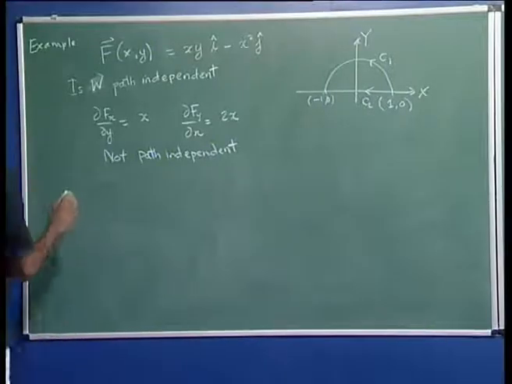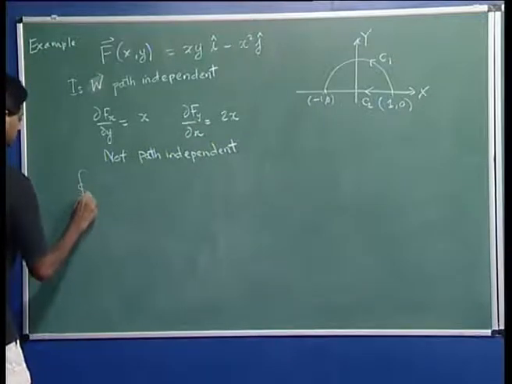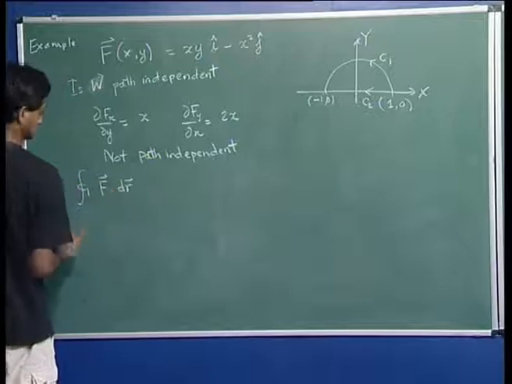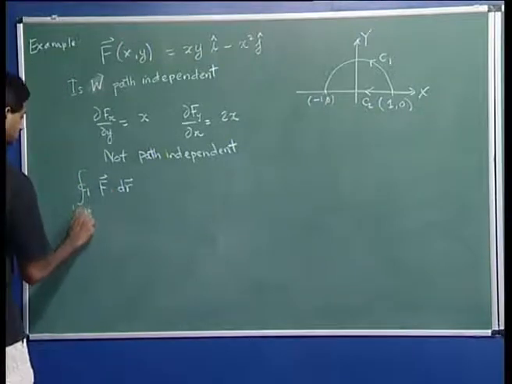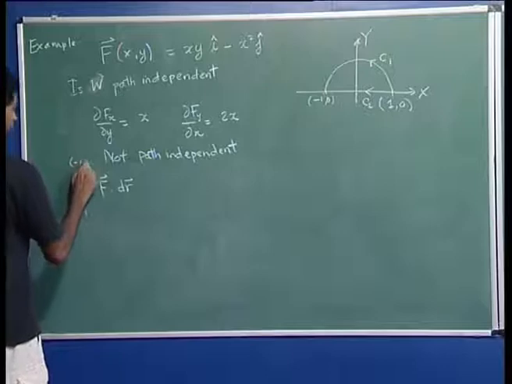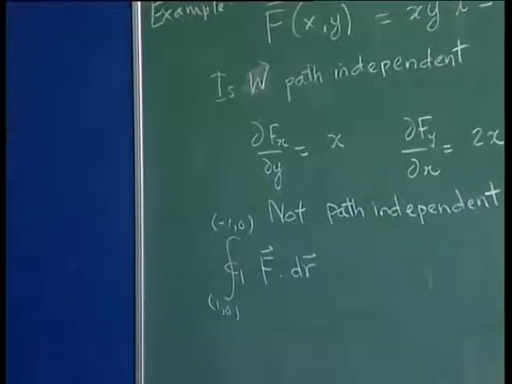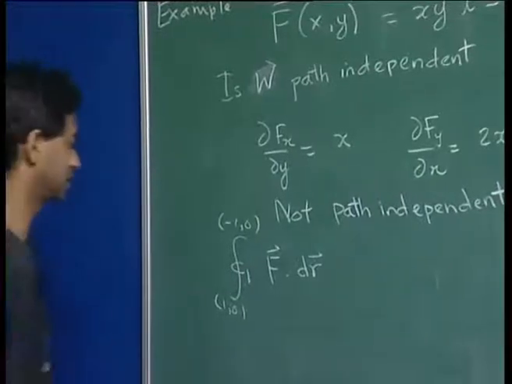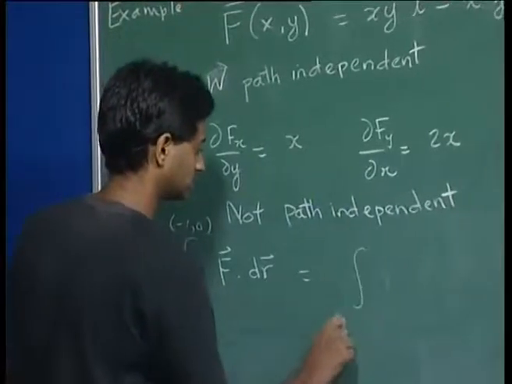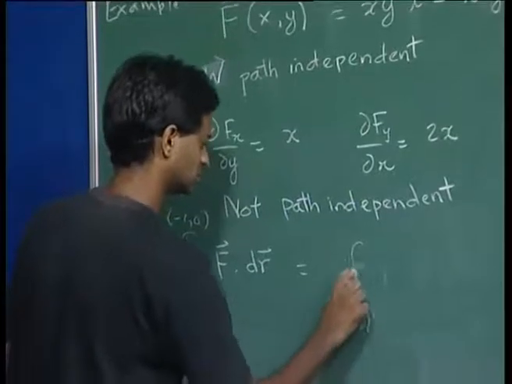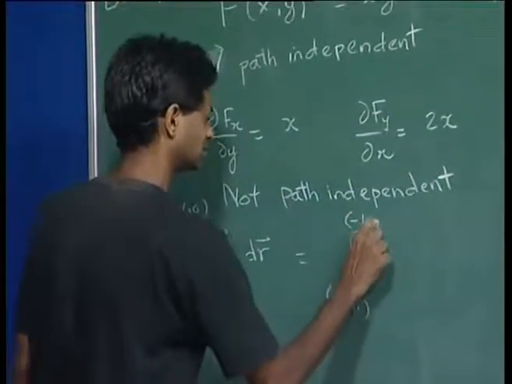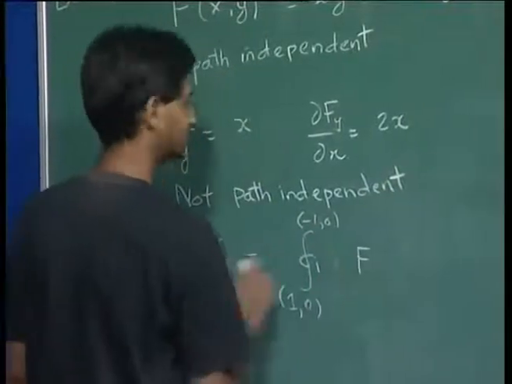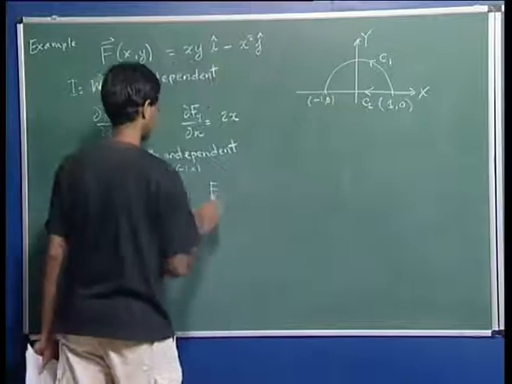So, the work done is the integral over C1 of f dot dr from 1 0 to minus 1 0. Okay. So, now in this case dr will have two components.